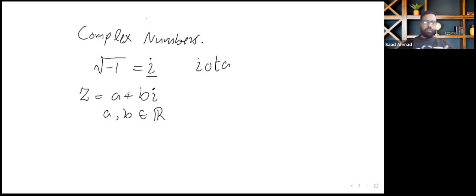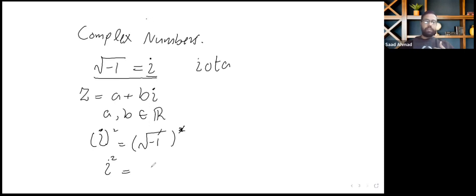Now let's look at this again. We know that the name of the square root of -1 is I, right? But if I do the square on both sides, the square and the square root will cancel out. So I squared, iota squared, is equal to -1.